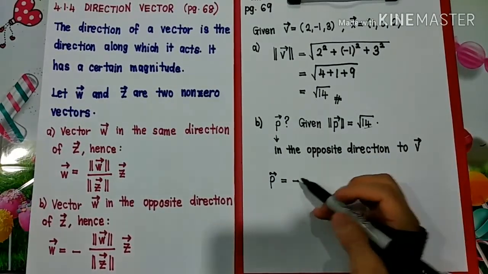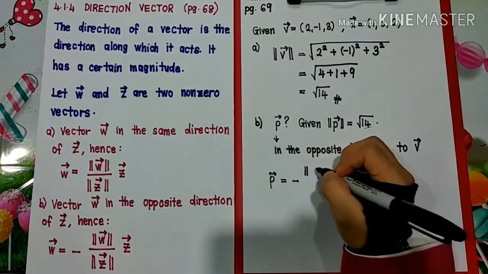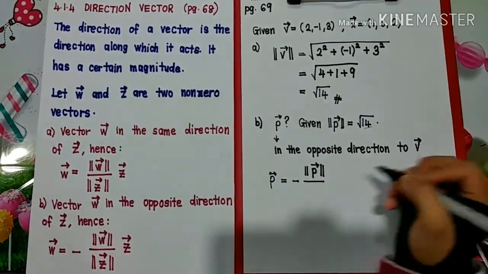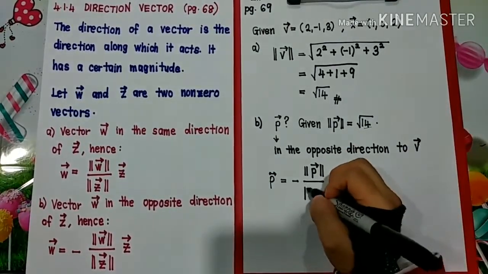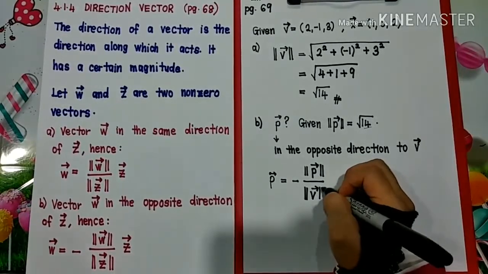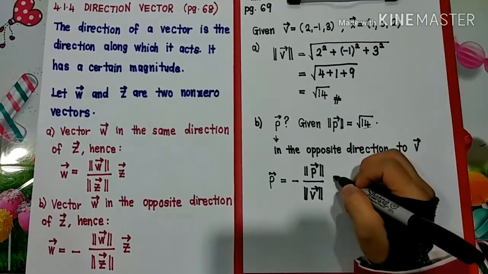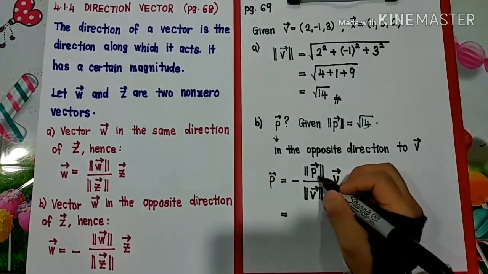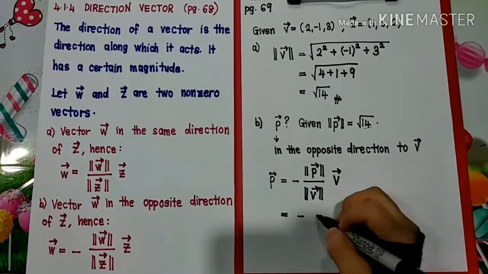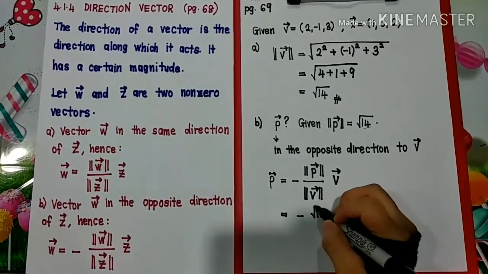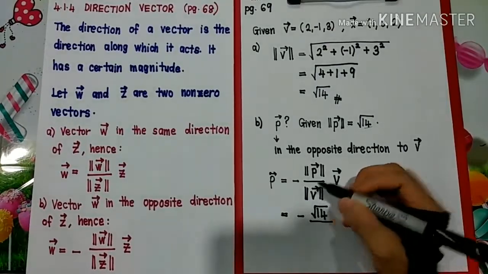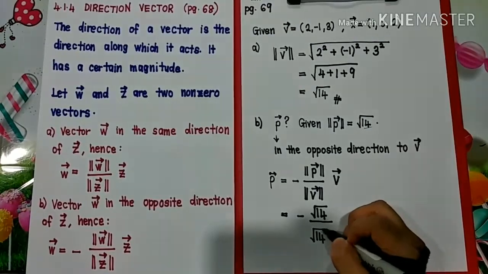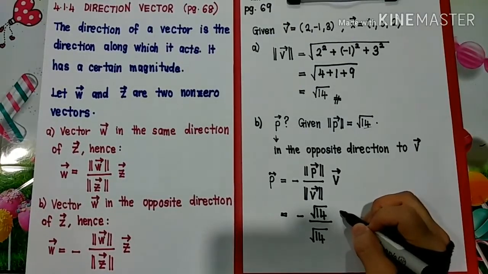So the formula will be the magnitude of P divided by the magnitude of V, and then we multiply with the vector V. The magnitude of P here is square root 14. What is the magnitude of V? You can get it from A here, also square root 14. And then we multiply with the vector V.